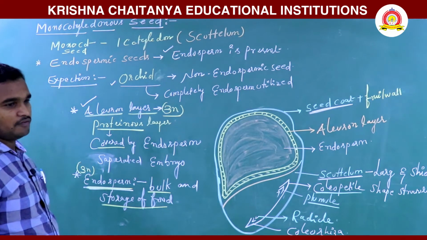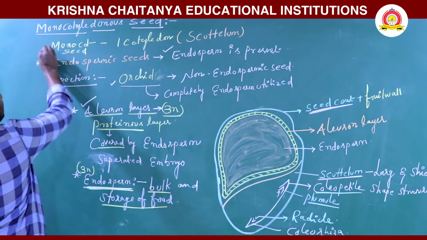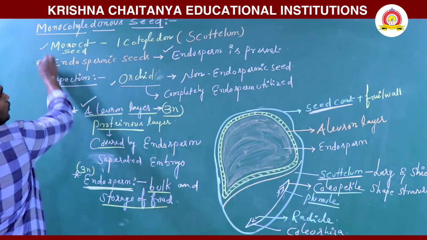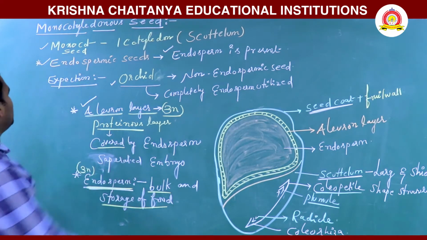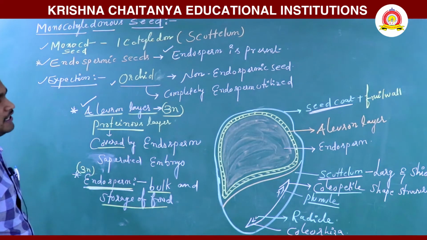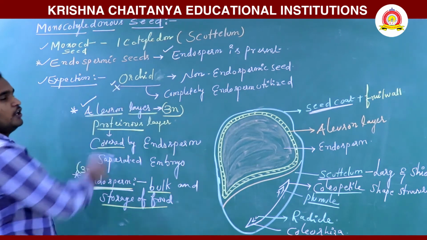This is the structure of a monocotyledon seed. In a monocot seed there is one cotyledon, the scutellum. It is an endospermic seed, with endosperm present; the exception is orchids. Non-endospermic seeds completely utilize the endosperm, so they have no endosperm.